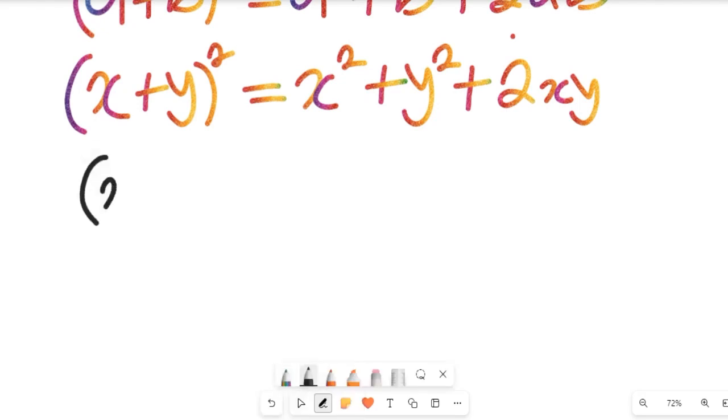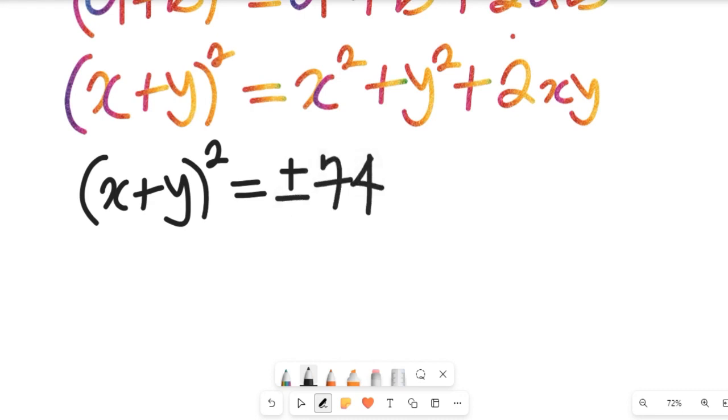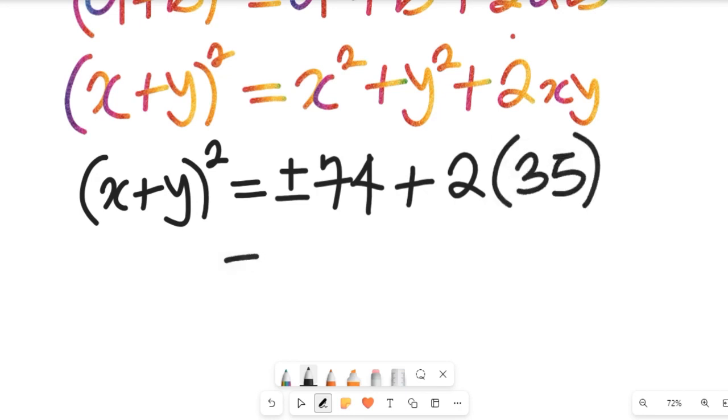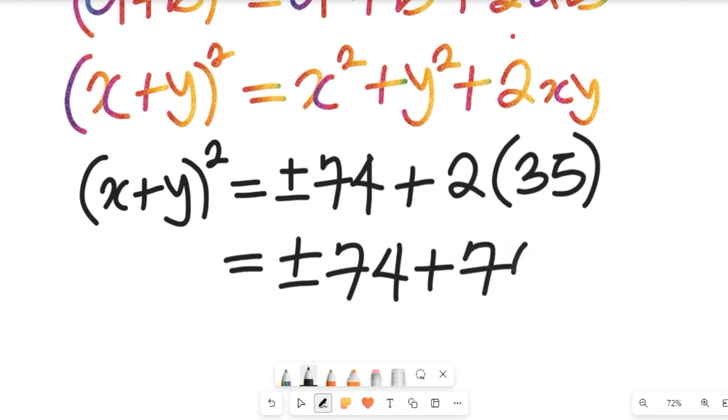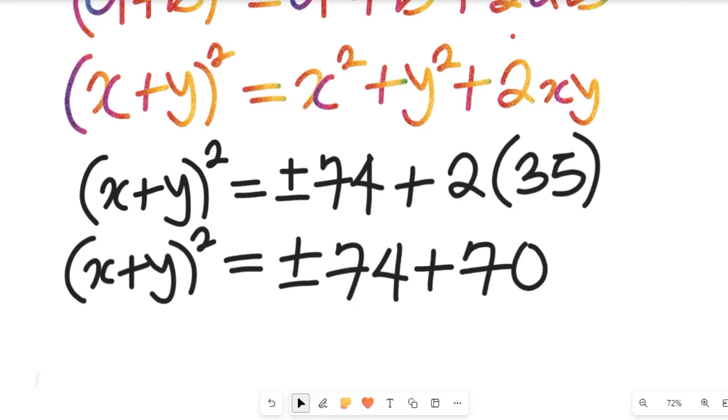So we'll have (x plus y) squared to be equal to plus or minus 74 plus 2 multiplied by 35, right? Great. So this expression is now going to give us plus or minus 74 plus 70. So (x plus y) all squared can give us that expression.